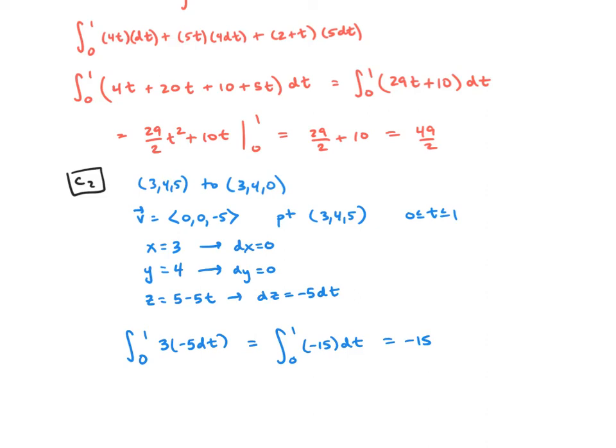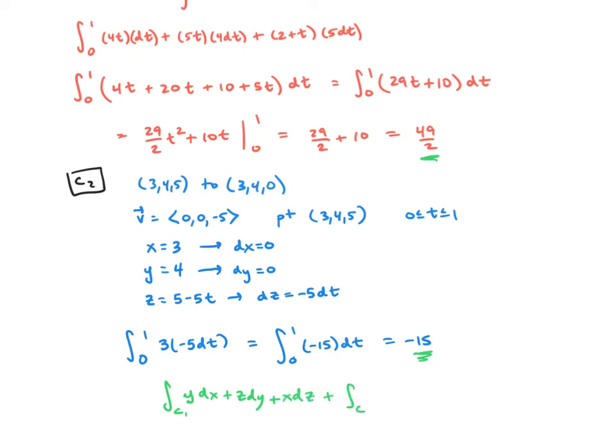All right, so what we have then is 49 over 2 and negative 15. The line integral of the original, which is y dx plus z dy plus x dz, for C1 was 49 over 2.